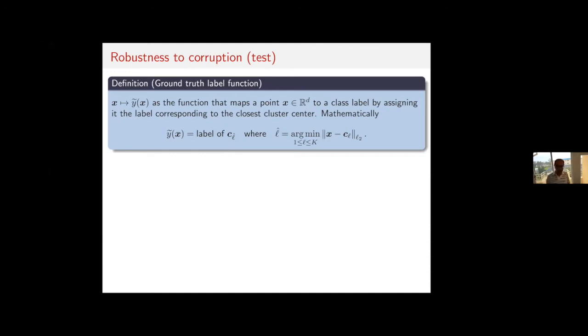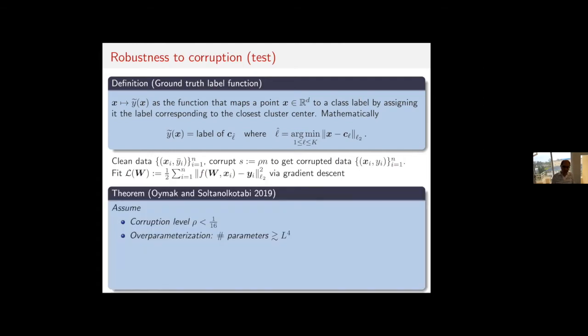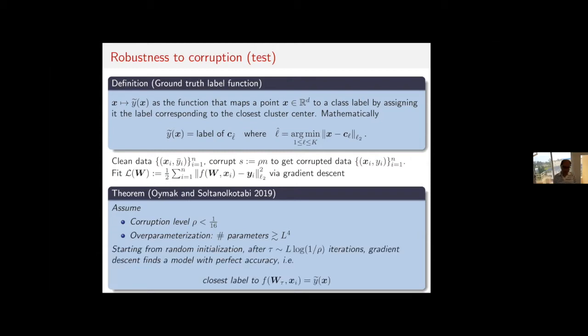And so if you define this ground truth label function like this, then again, under the same setting, you can show that even on new test data you get the ground truth function, right? So you corrupt a fraction, you over-parameterize again, you stop early, and regardless of what input data you feed it, this should be X by the way, you get the ground truth function.